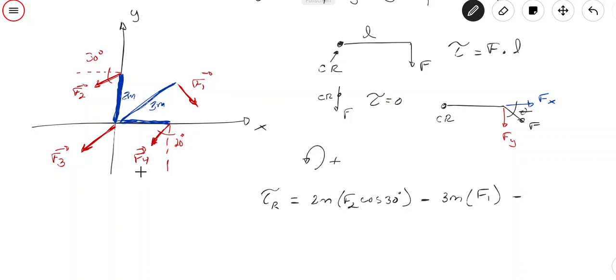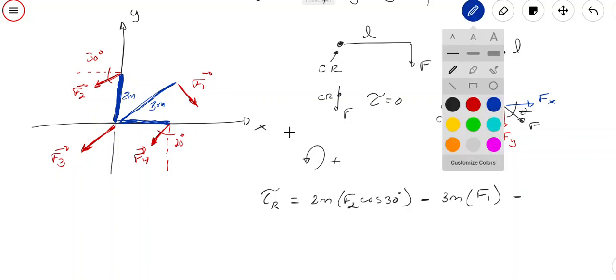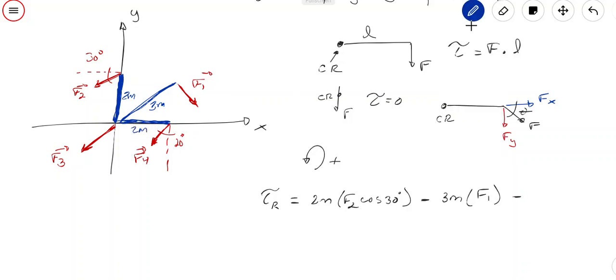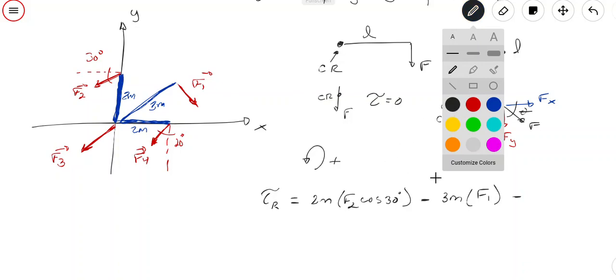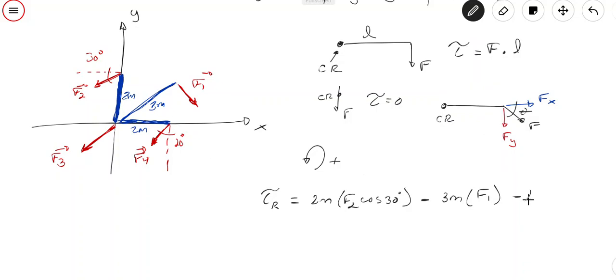Okay, so I'm missing something here, that is that the distance from F4 to the center is also 2 meters. So now we know that the torque due to F4 is 2 meters times F4, and then it is the vertical component, so it is cosine of 20 degrees.